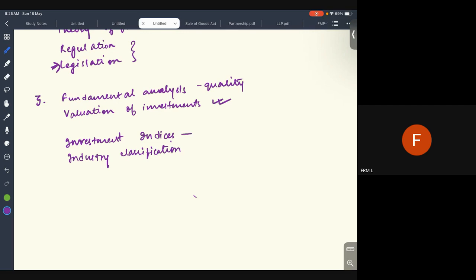An index is basically a non-unit based number that is representative of the market. Because it's an investment index, it's representative of the market, whatever market we are talking about. So all countries, all economies have different investment indices. One country or one economy can also have multiple investment indices. In fact, it does have multiple investment indices.